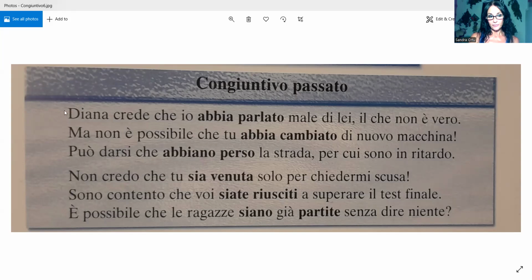So let's see, we have three examples for each auxiliary. As you can see here, we have avere for the first three examples, and in the last three examples, we have essere. These tables are not created by me, obviously, but they are taken from a very good book that I've had for more than 20 years.